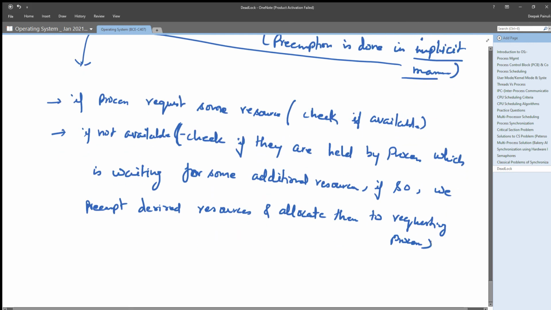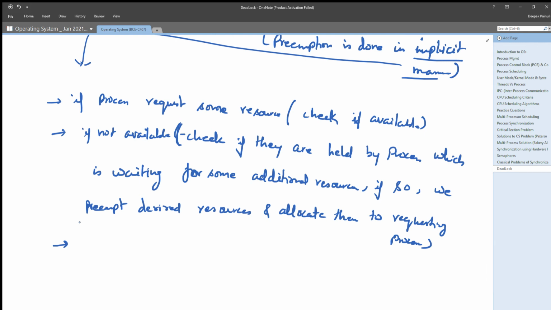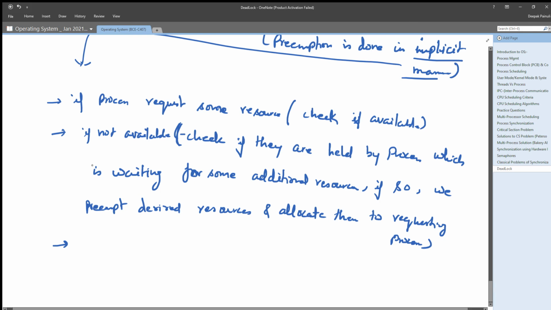right? If not available, in case of not availability, we have to check if they are held by a process which is waiting for some additional resources. If so, we will preempt those resources and allocate them to the requesting process, right?